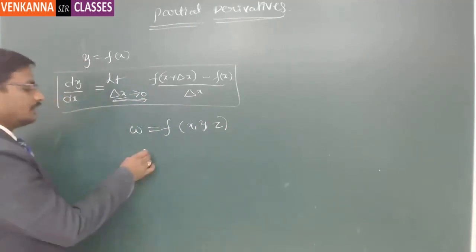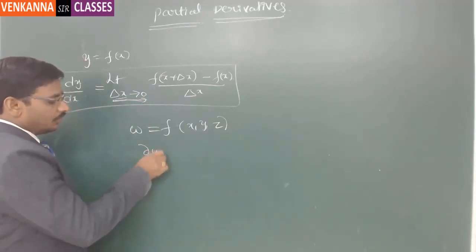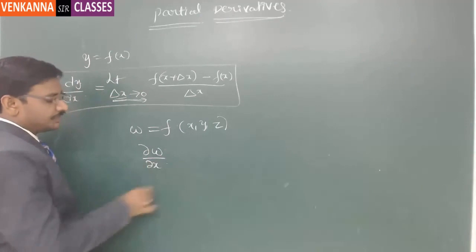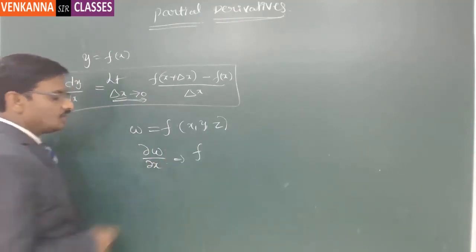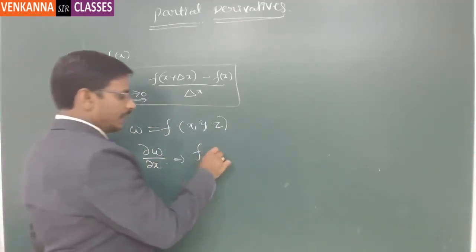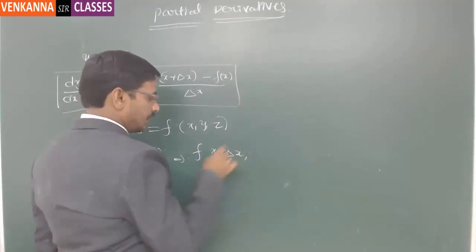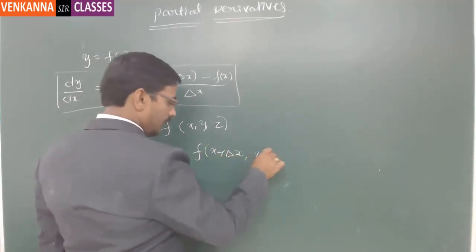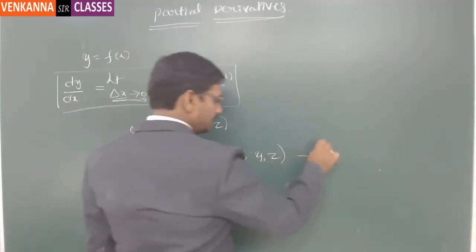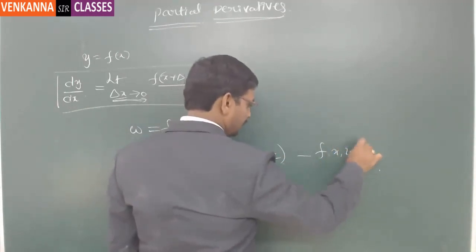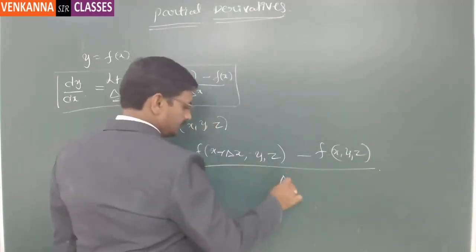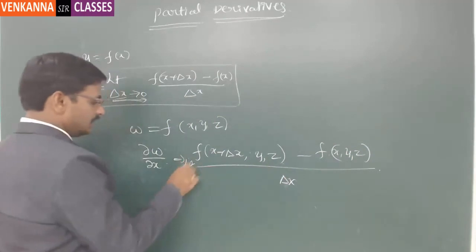So if you take the derivative, dou w by dou x is nothing but the change in the value of x alone: f of x plus delta x comma y comma z minus f of x comma y comma z divided by delta x, limit delta x tending to 0.